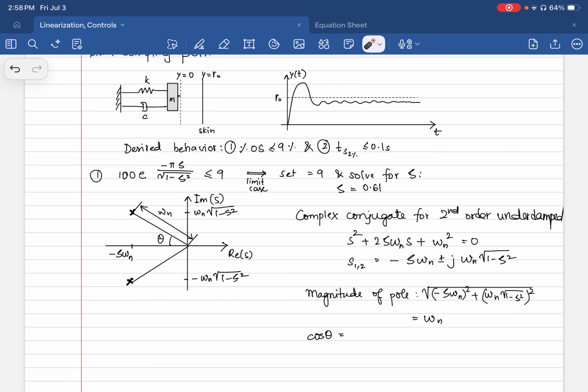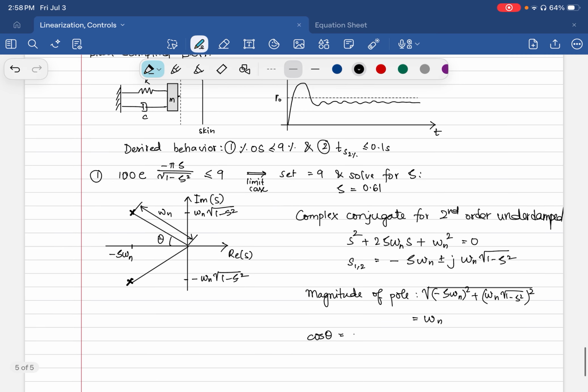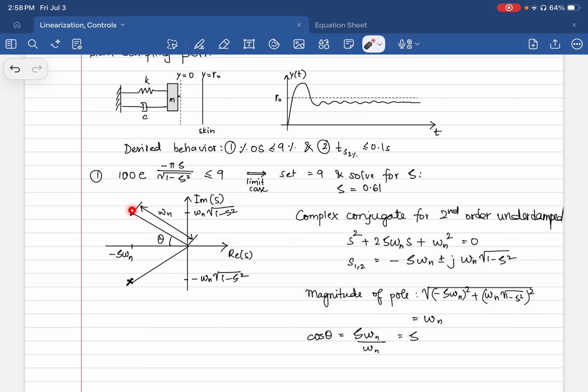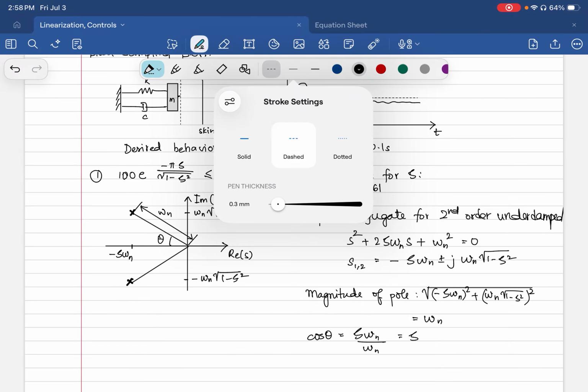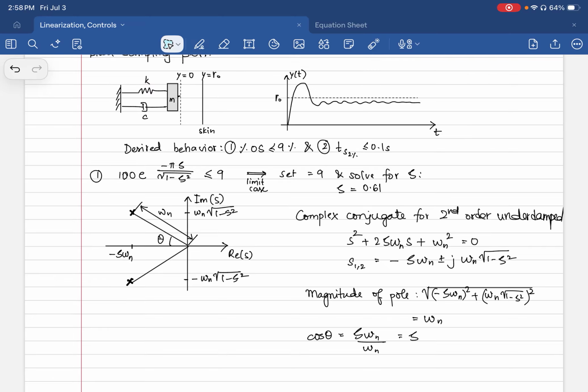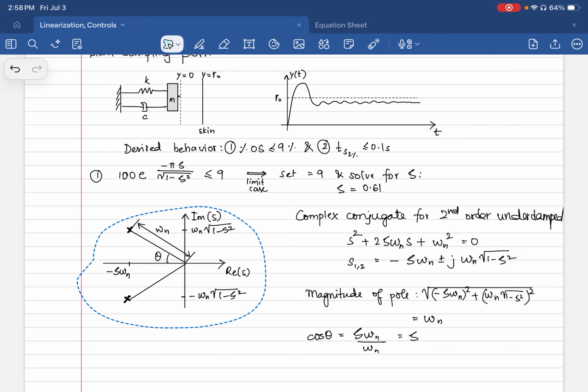Cos theta is going to be equal to this distance, that is zeta omega n, over omega n, which is equal to zeta. So here now we have something in your S plane that represents just zeta. That's basically cos theta is equal to zeta. This part is general for second order underdamped systems, what we've just been discussing.